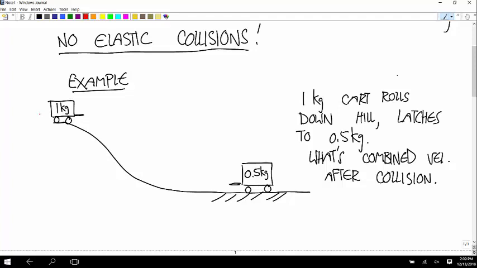We need to know the height of the hill. So let's say the hill is, actually, let me change that, let's say the hill is 2 meters high.